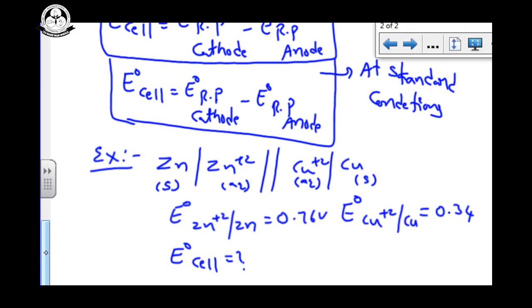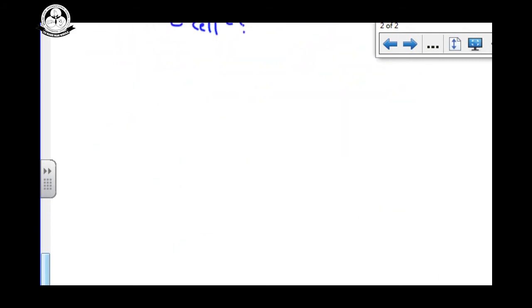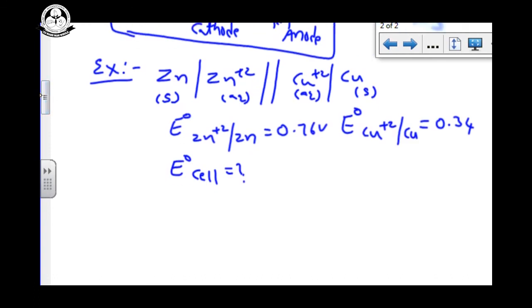So here there is a doubt. E naught standard values we know. First tell the formula for E naught cell. E naught cell is equal to E naught cathode minus E naught anode.